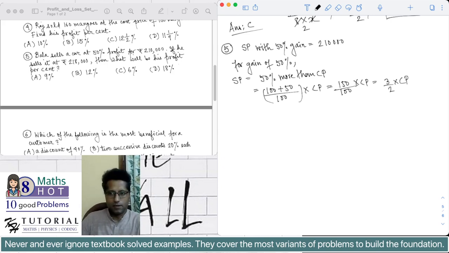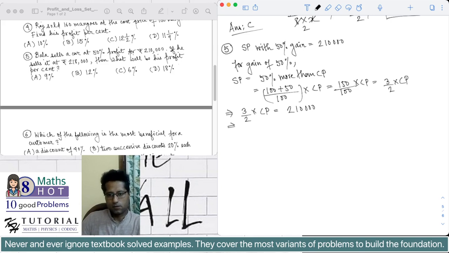Now, it is also given that the 50% gain is obtained when the car was sold for rupees 2,10,000. So, we can say that 3 by 2 multiplied by CP is equal to 2,10,000.